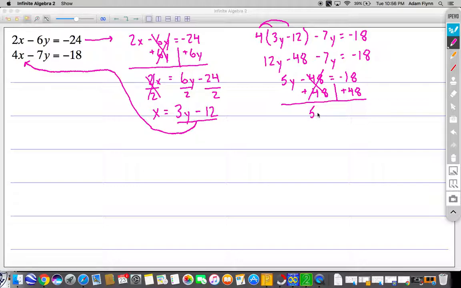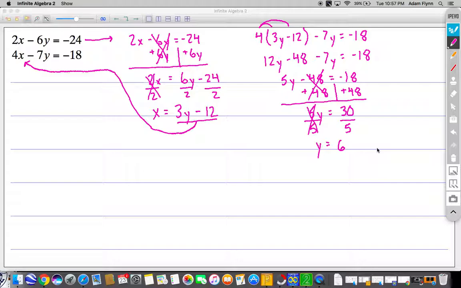So I get 5y equals negative 18 plus 48, which will be a positive 30. So to get the y by itself, because the 5 and the y are being multiplied, I'll divide both sides by 5. When I do that, 5 divided by 5 cancels. So I get y equals 30 divided by 5, which is 6.